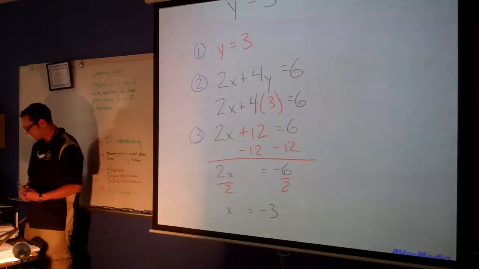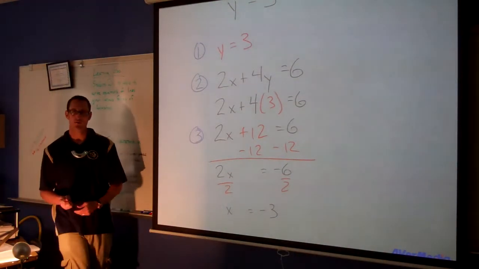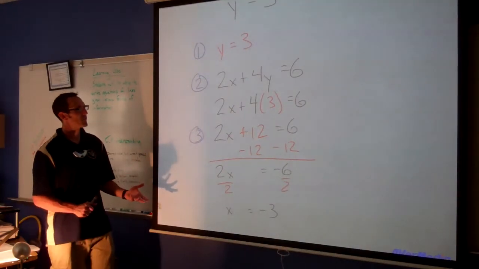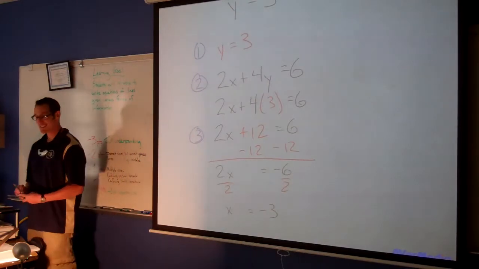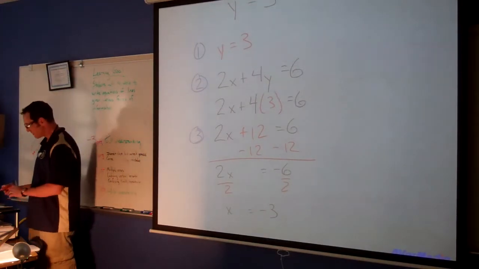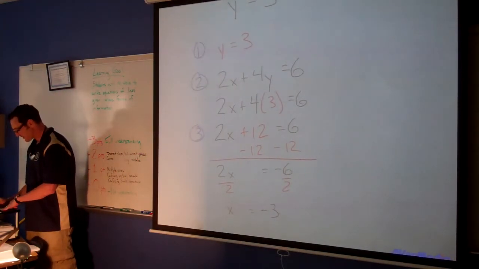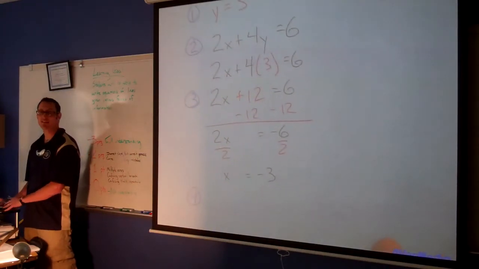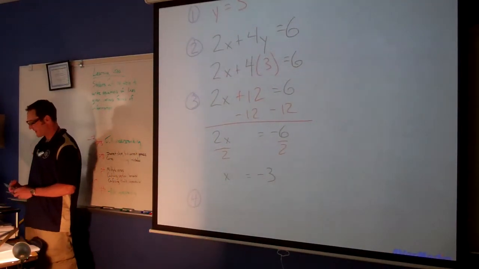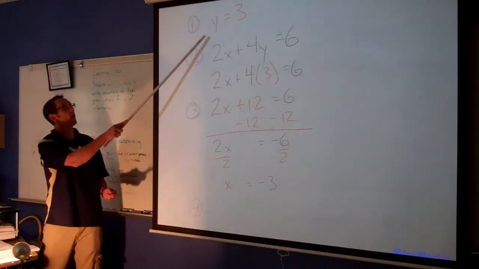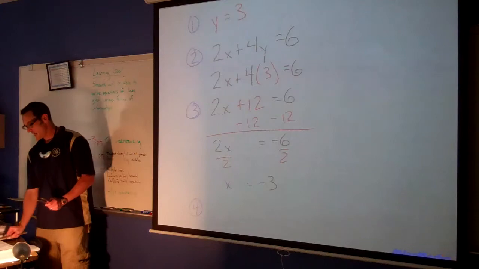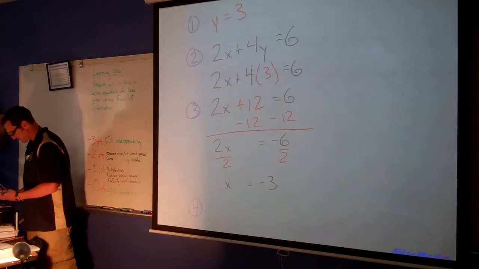So we have now done step 3. We found the value of the other variable. The final step of solving systems of equations is listing the answer as an ordered pair. And remember, an ordered pair has an x value and a y value. And the two variables we know: y equals 3, and we know x equals negative 3.